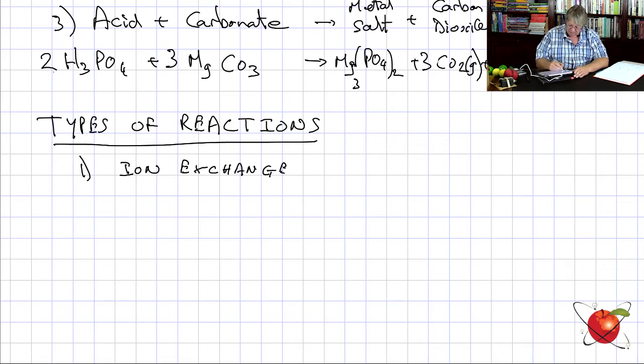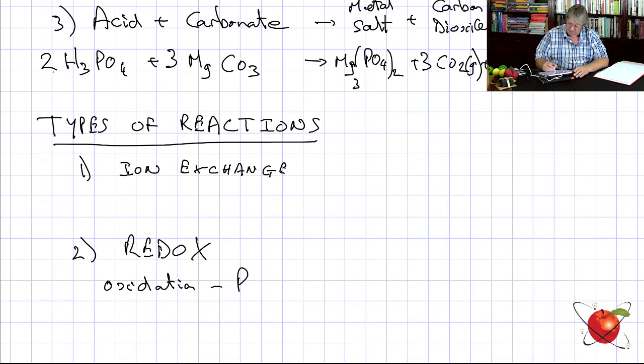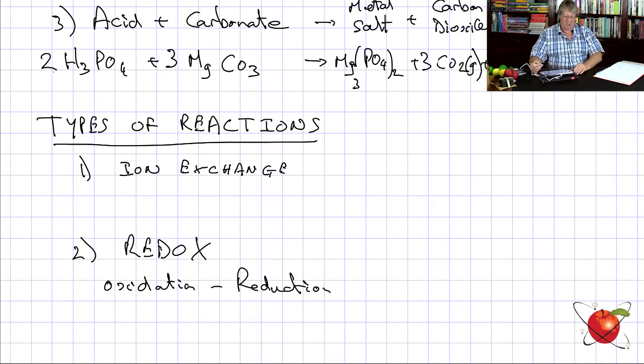And number 2 is going to be what we call redox. That is oxidation, reduction reactions. These involve here an ion exchange. We're going to have 3 different ones.